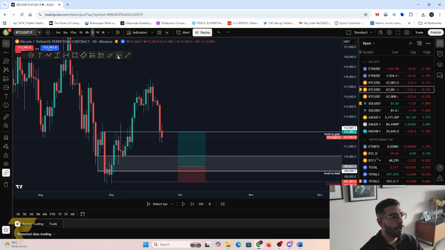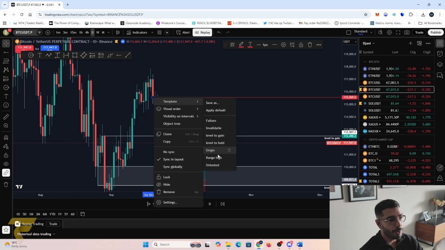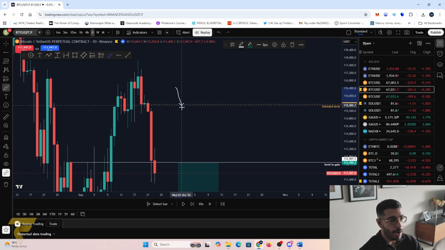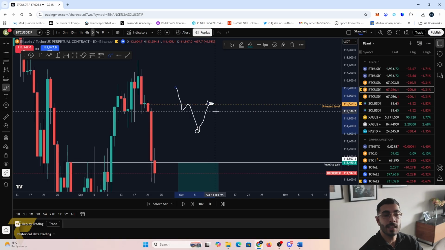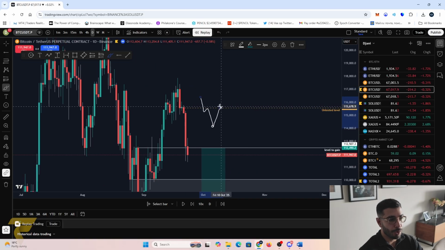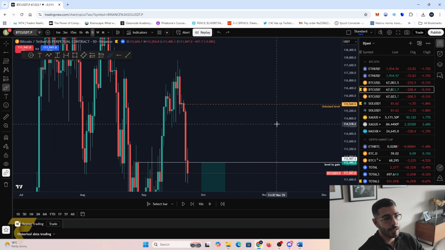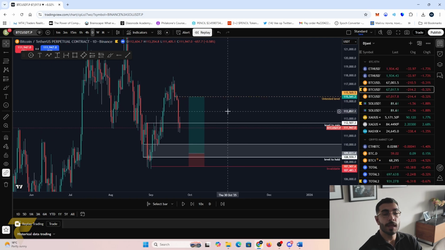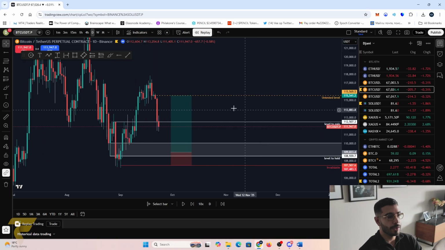You've got multiple, to be very honest, but let's keep it a little bit simple. This is a level which I consider to be an untested level. We got up, broke through it, but by breaking through it, we didn't retest it. We didn't tap the level before going lower. So this is something I consider to be one of my key take profit levels.